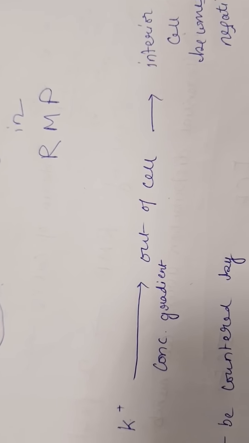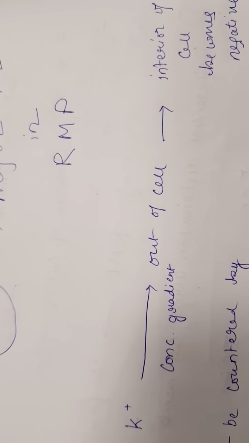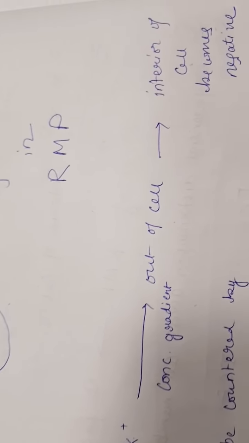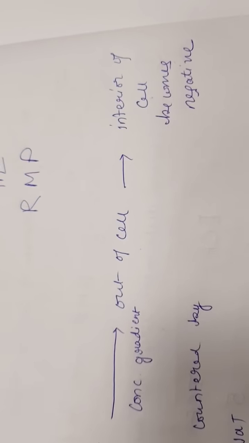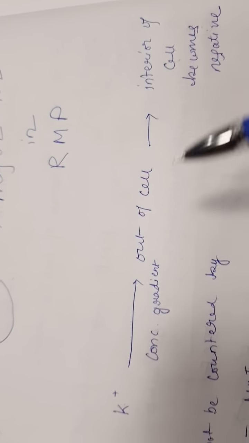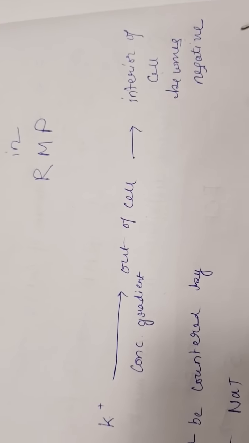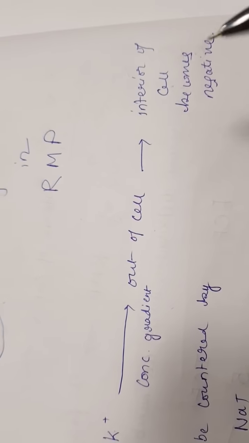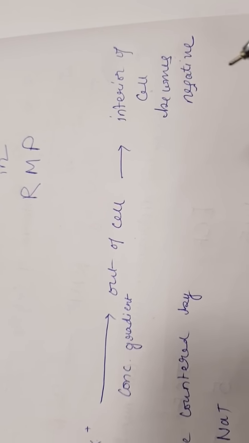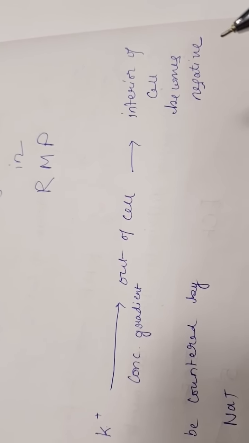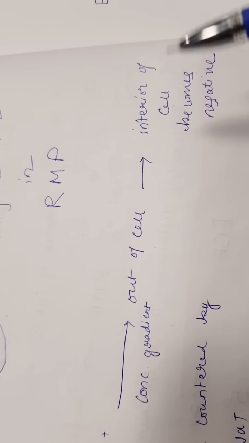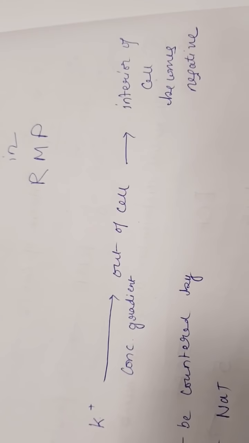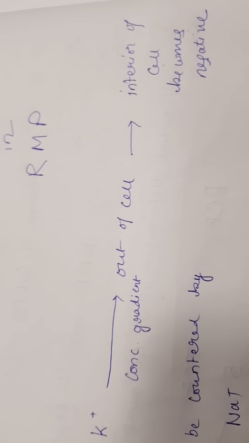But the amount of potassium efflux is not enough to cause changes in the concentration of potassium, but it is enough to cause changes in the charge. That is, when the potassium is going out of the cell, the extracellular concentration of potassium doesn't change much. That is, the concentration gradient is maintained. But the charge changes. That is, the inside becomes much more negative.